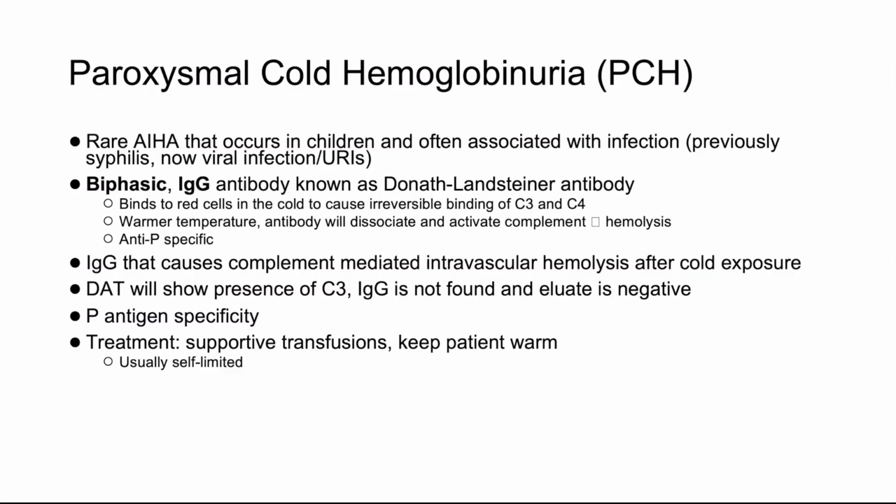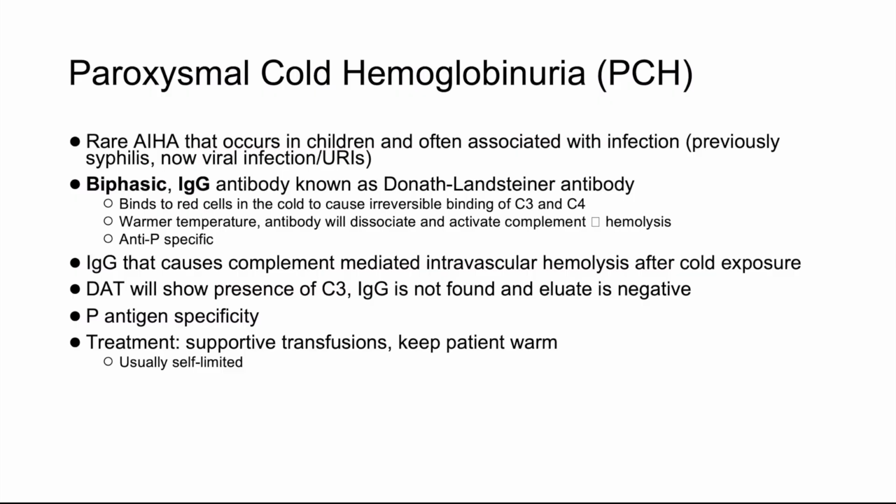It's known as the Donath-Landsteiner antibody. It binds to red cells in the cold. It recruits complement C3, C4 to bind to those red cells, and then at warmer temperature it dissociates and activates complement, causing hemolysis. And this is anti-P specific, so if you think of PCH, it's an anti-P antigen specific antibody.